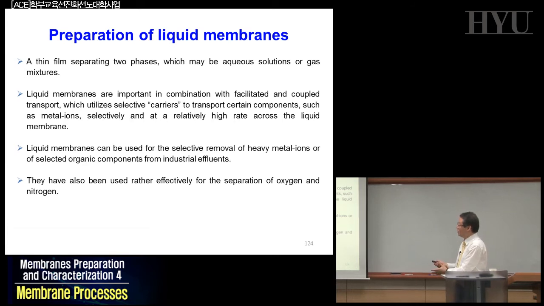So in recovering heavy metals or selectively removing those components, we need a very efficient way of separation. We can see some of those in liquid membrane systems. Or we can utilize a solid phase as a support, for example a hollow fiber system as a support and a liquid phase as a mobile phase.